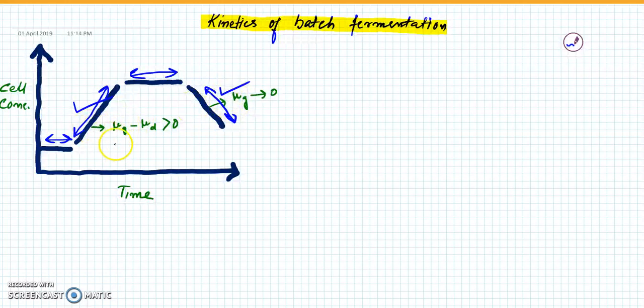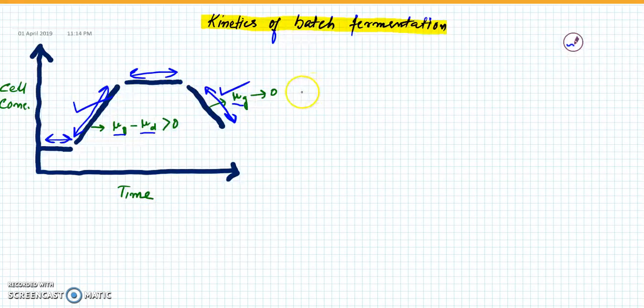Remember, for the exponential phase, specific growth rate minus specific death rate is greater than 0, and for the decline phase, specific growth rate tends to 0.